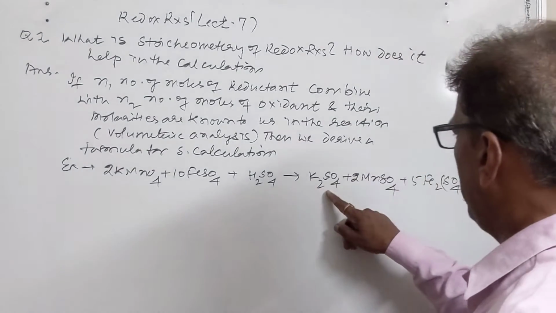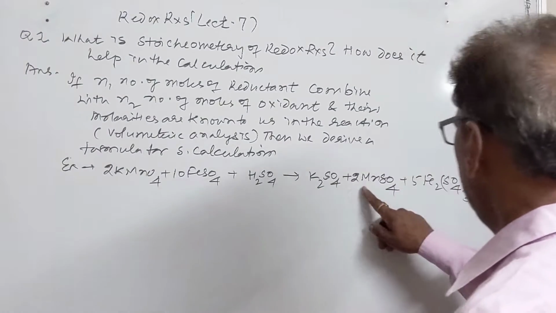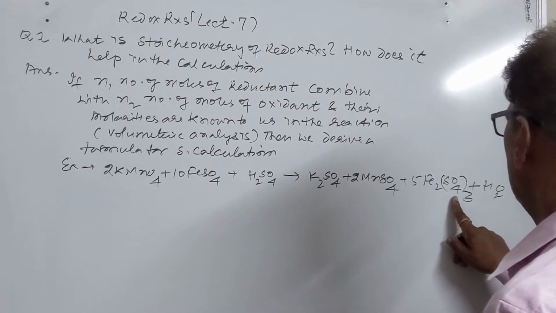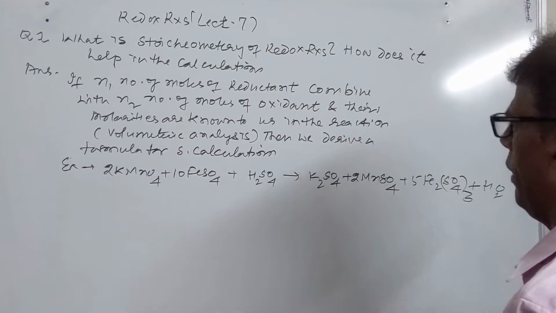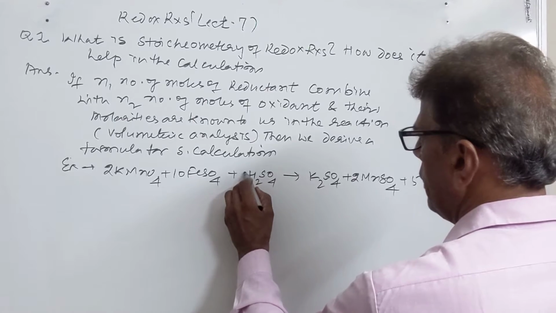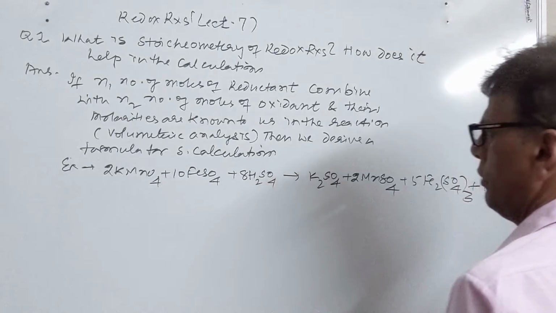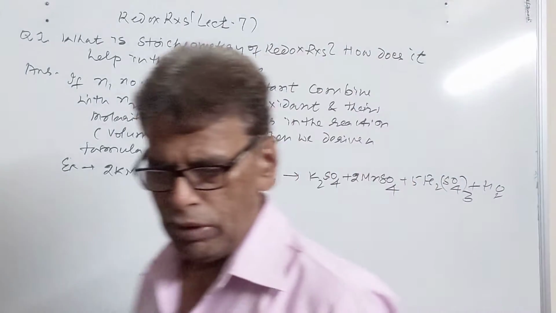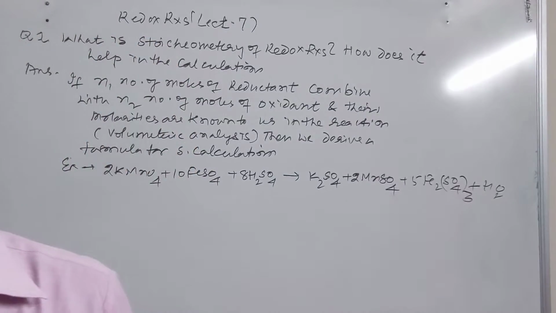If we count sulfate here, 1, 3 and 5 is 8, so we'll be having 8 sulfuric acid here. So this will be the balanced reaction.